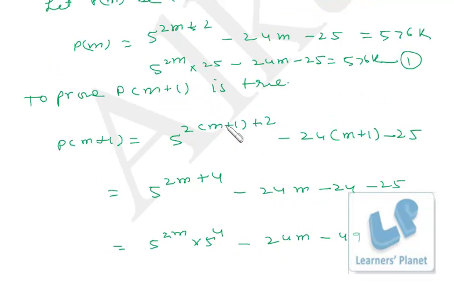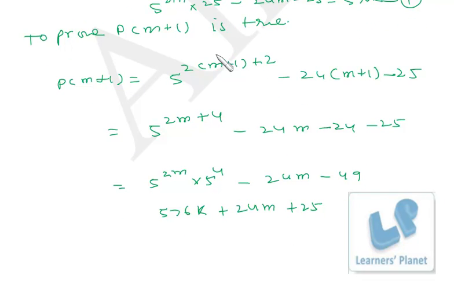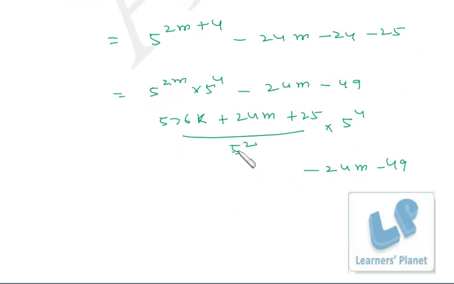So I write it over here. 5 raised to 2m is equal to 576k plus 24m plus 25, divided by 25. That is the value of 5 raised to 2m. Then we are having 5 raised to 4. Then minus 24m minus 49. Okay. So this square is cancelled. So we are left with 5 square over here. Okay. So just see this.